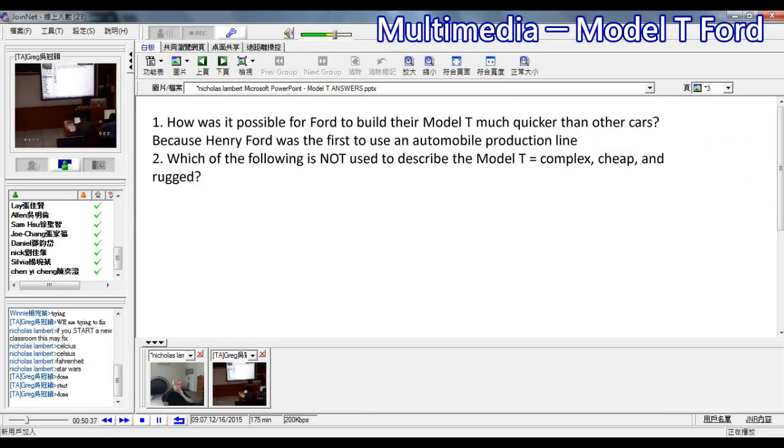Okay, thank you, Ben. And which of the following is not used to describe the Model T? Hello, Nicholas. I'm Joe. I think the word is complexity. Complex, not complicity.